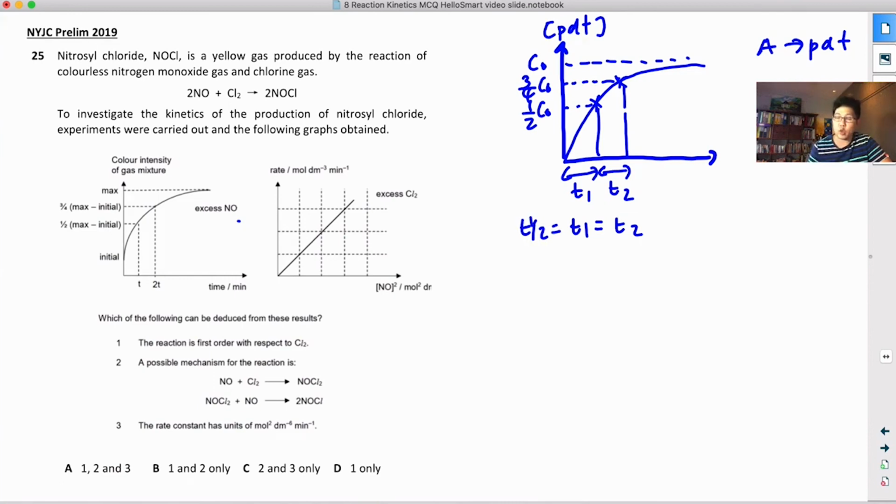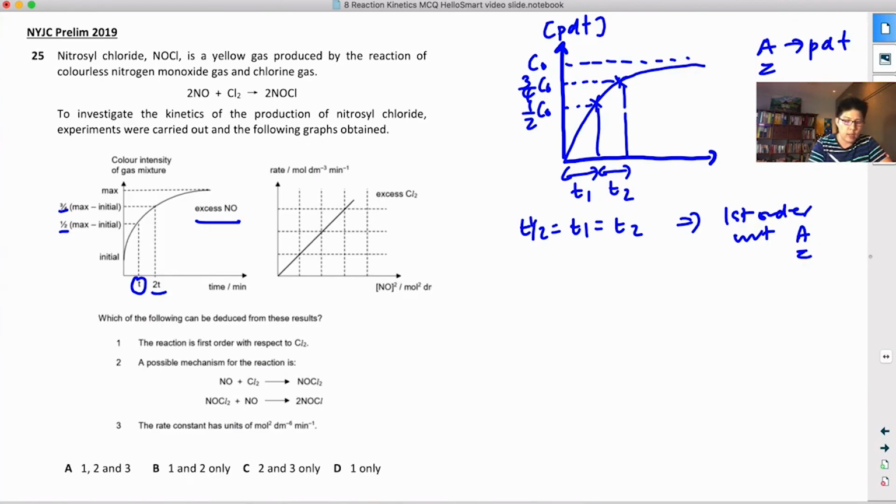So if the half-life is a constant, what it implies is it's actually first order with respect to the limiting reactant, which is A in this case. In this question, since they say excess NO, the limiting one is chlorine. You can see the time taken is T for the halfway mark, and then 3/4 of the maximum is actually 2T.